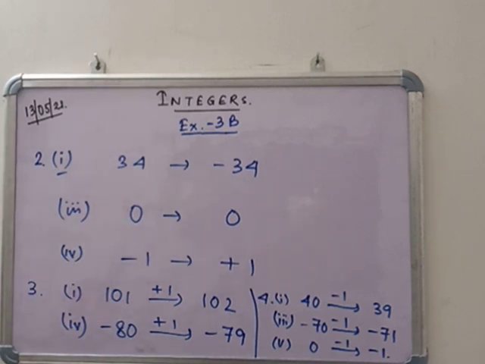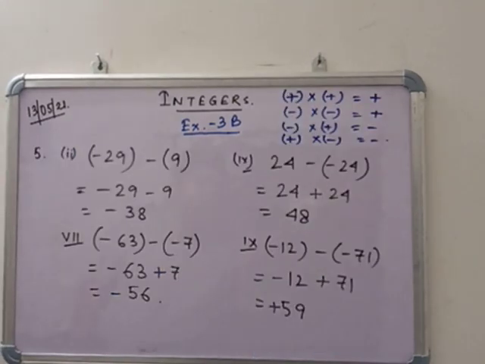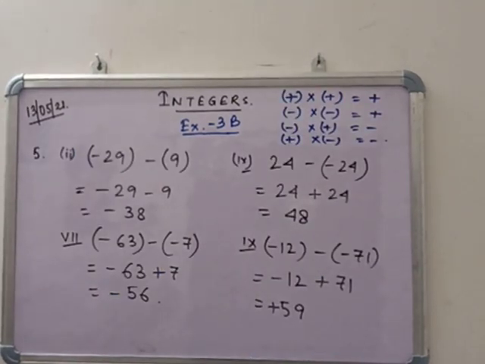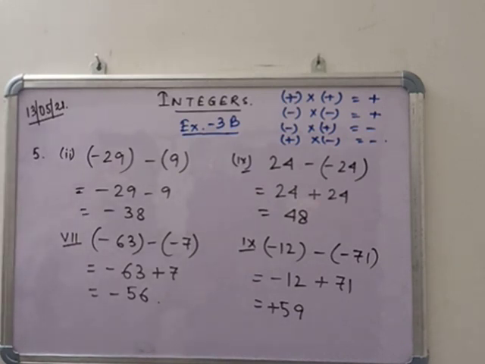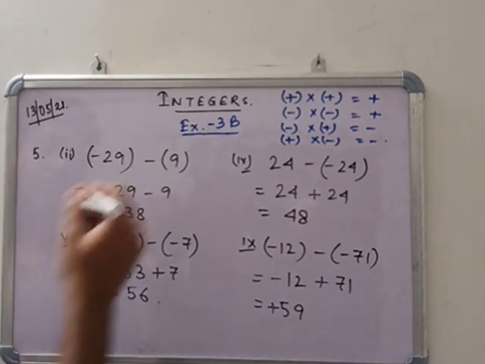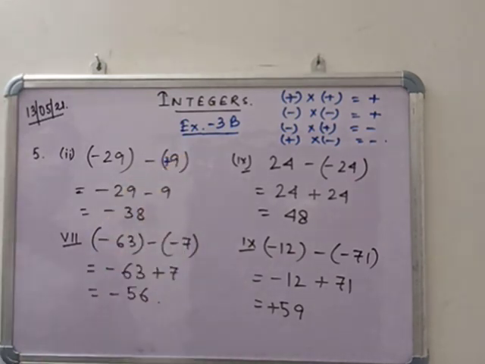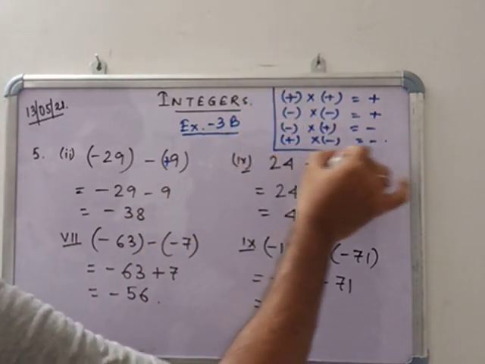Now, next one. In 5, find the difference. In 5 by 2, minus 29 minus 9, where 9 is a positive number. Before we start, we touch on this rule of multiplication.